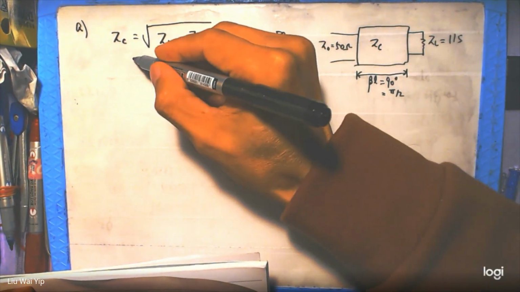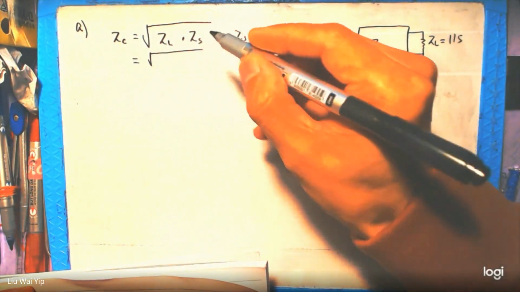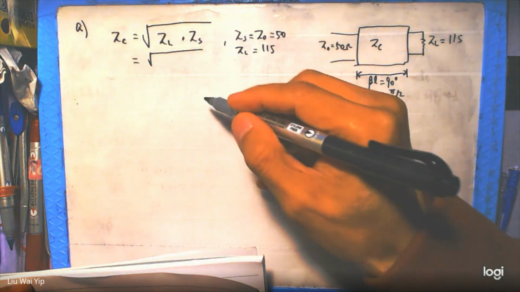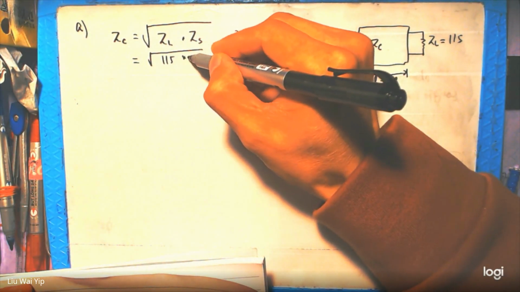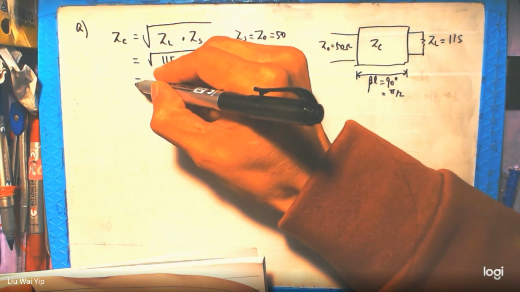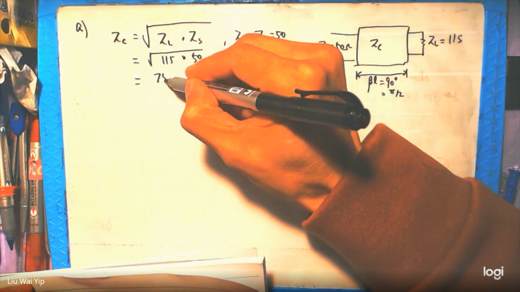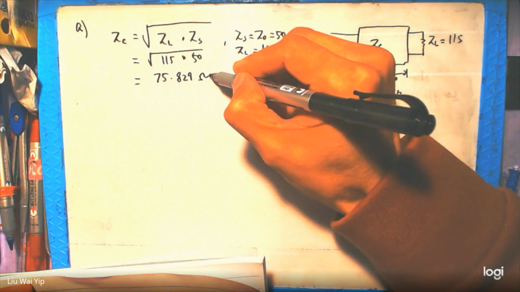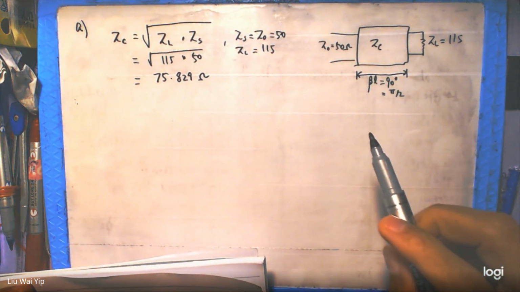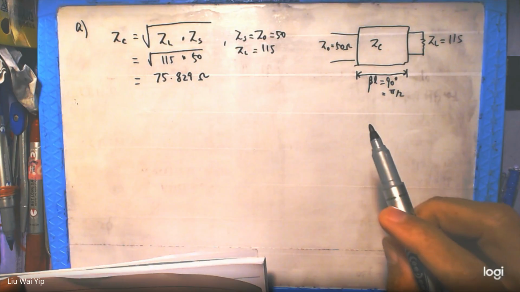So you will do it carefully: 115 times 50, square root, you will get 75.829 ohm. So this is part A of the question.